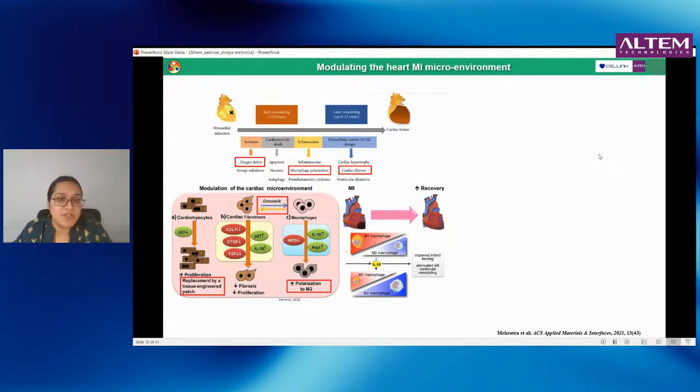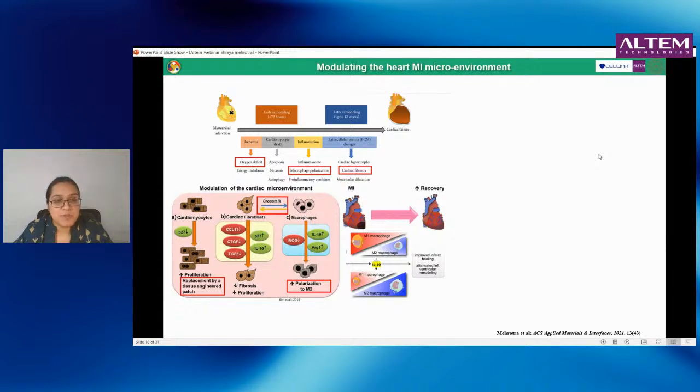It is oxygen deficient. There are a lot of macrophages that are polarized and pro-inflammatory, and there is infiltration of the fibrotic cells, or the myofibroblasts, which deposit a lot of ECM as a part of the remodeling of the heart, where the cardiomyocytes are lost. So these are the three main conditions seen in the hostile MI environment.